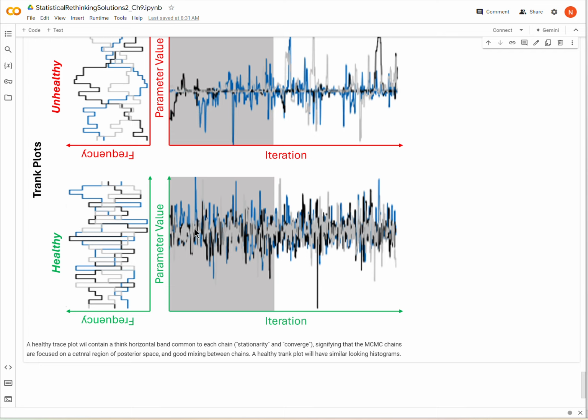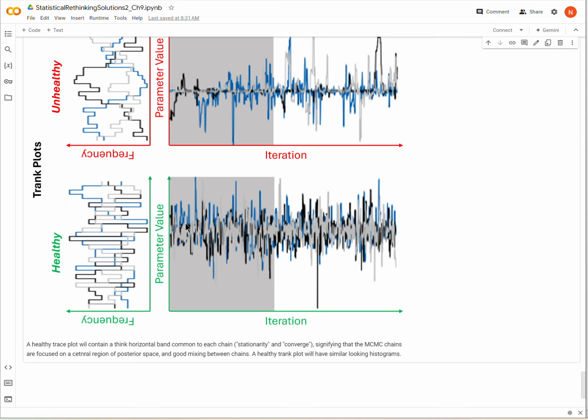That's called stationarity: the central tendency of the band doesn't change a lot, it's not going up and down in the trace plot. And the different chains should all have that same central band. That's called convergence.